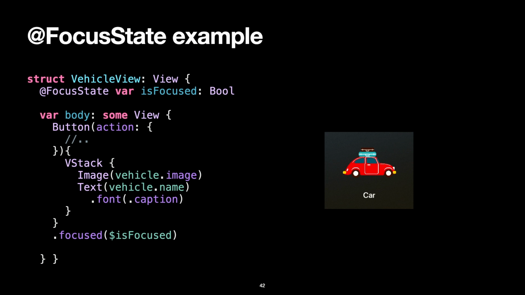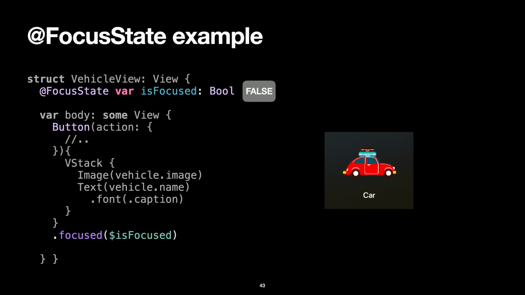And I'm going to use this particular focus state property wrapper. It's a dynamic property, of course. isFocused is the name, it's of type Boolean. And I'm going to bind this property to the entire button using the .focused modifier. And as you may have guessed, this property starts working as soon as we add it.